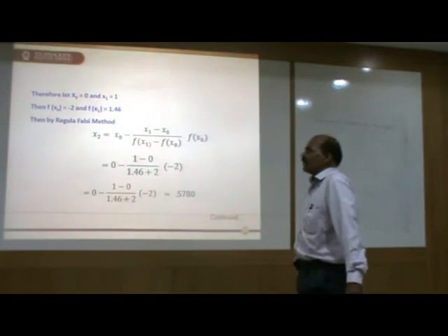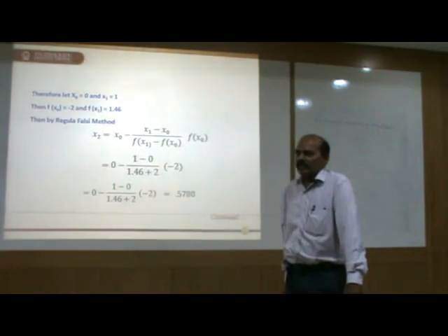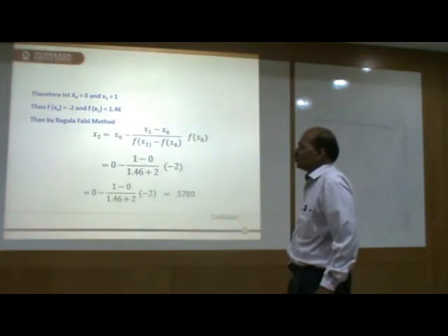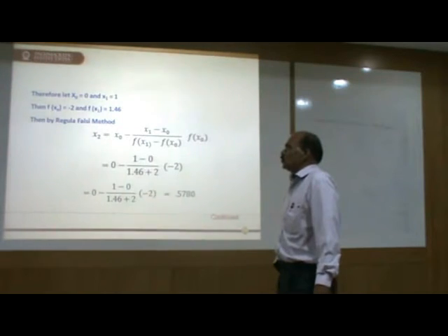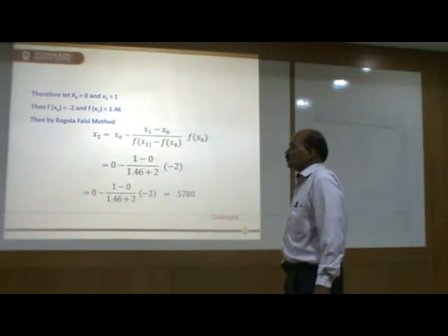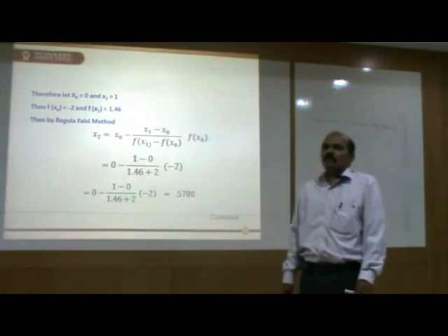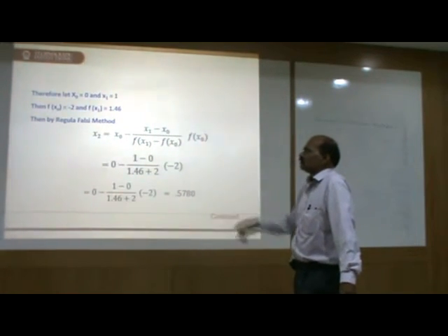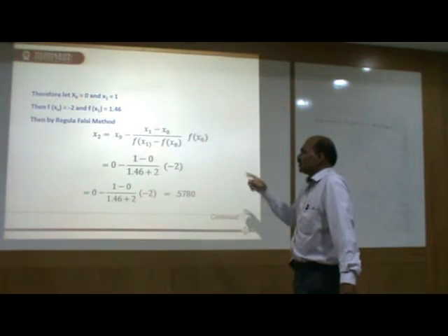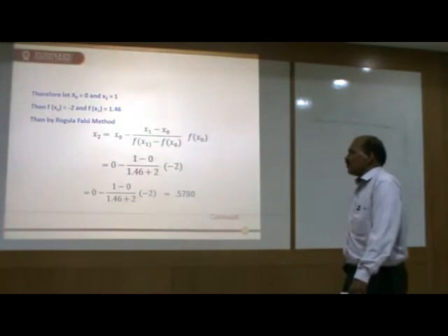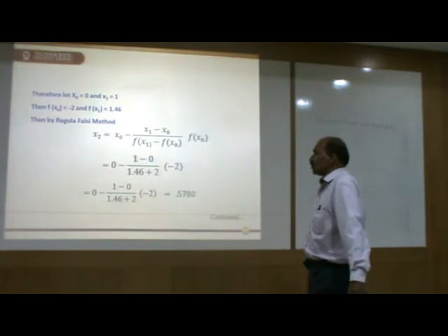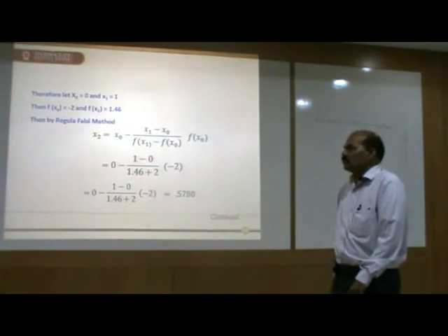Putting these values in the given function, f(x0) comes out to be -2 and f(x1) is 1.46. Using these values in the formula of the regula-falsi method, we can get the second approximation. The second approximation comes out to be 0.5780, up to 4 significant figures or 4 decimal places.